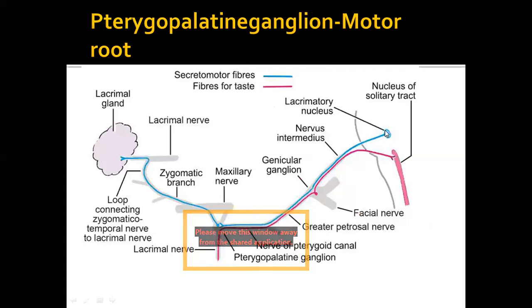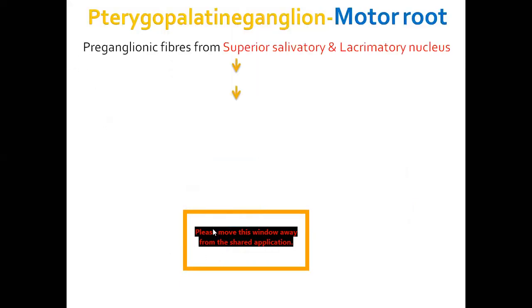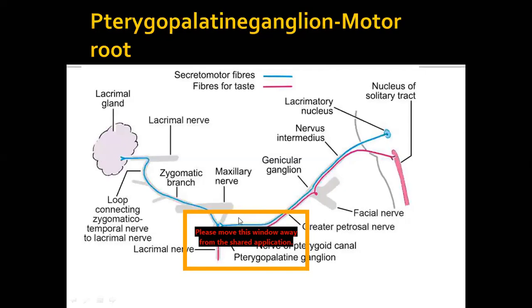It passes through the nervus intermedius, facial nerve, then the geniculate ganglion of the facial nerve. From there one branch arises, the greater petrosal nerve. Through the greater petrosal nerve and the nerve of the pterygoid canal, it reaches the pterygopalatine ganglion here.